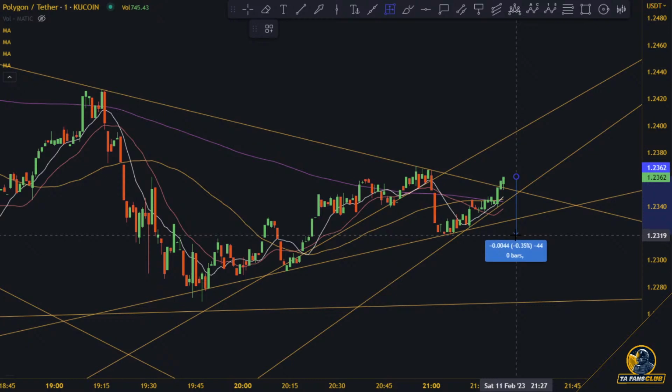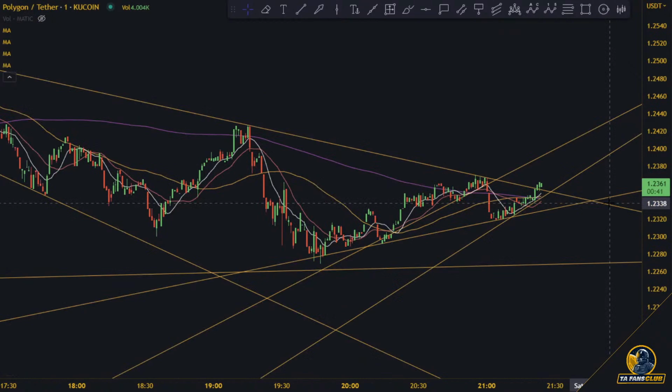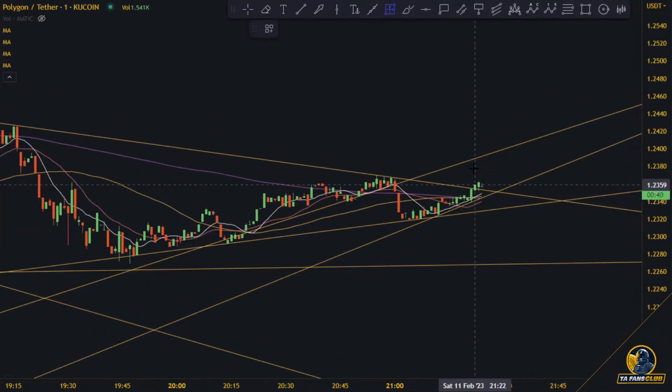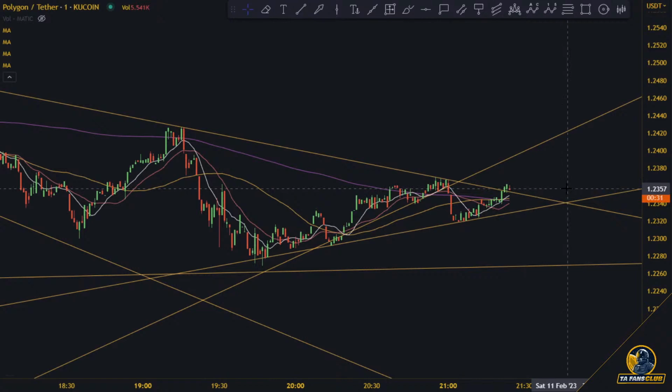Got 35. We could do a long on Matic because if it falls back down 35 up here below these lows, then we could close the position.